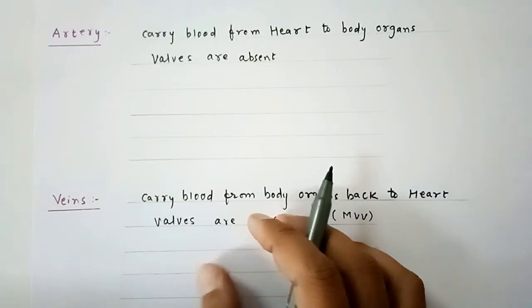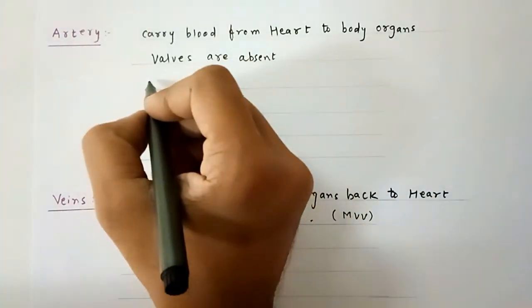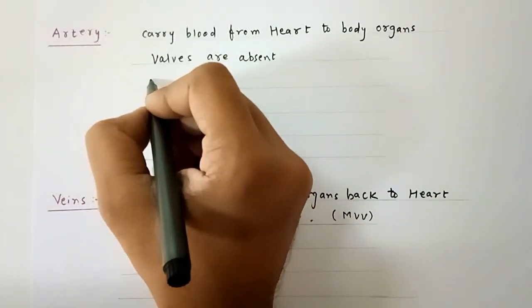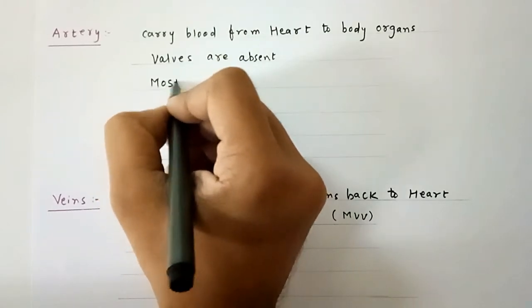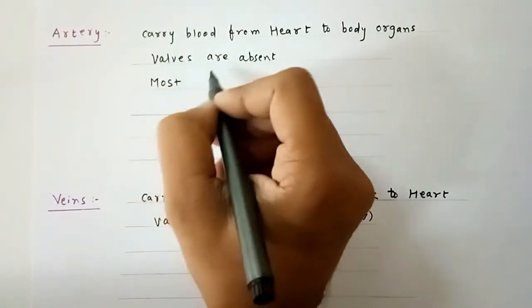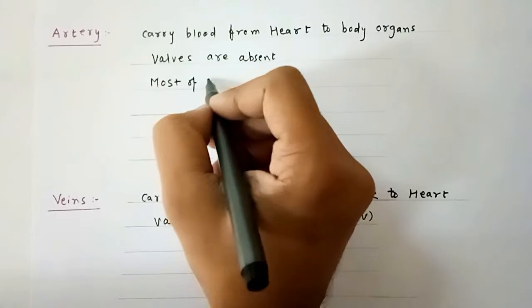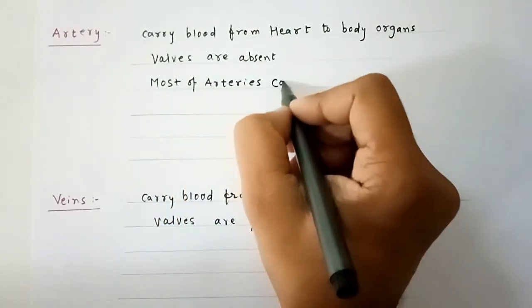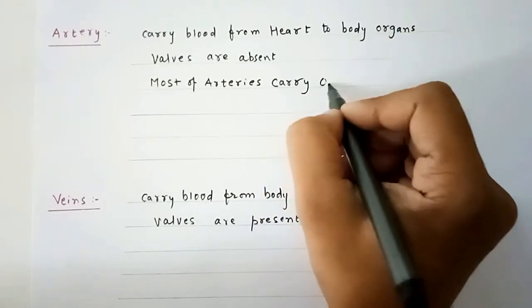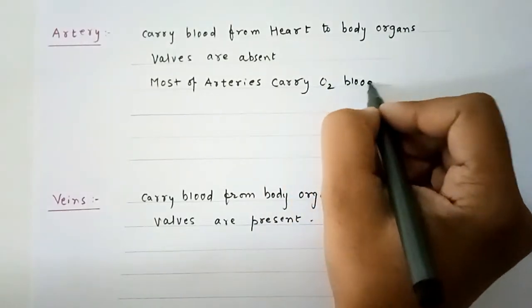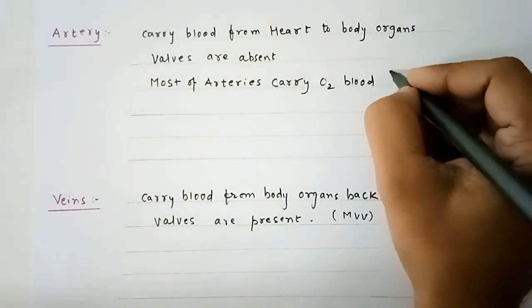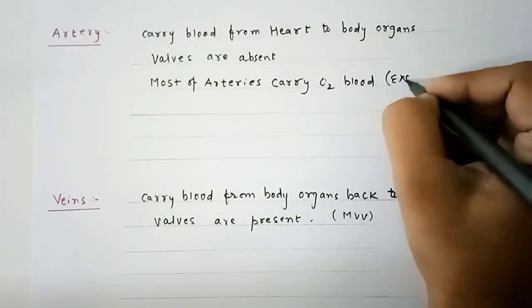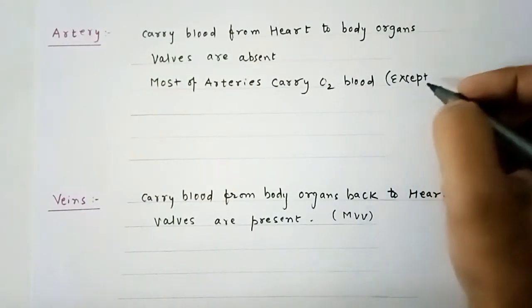Okay. Third one, most of the arteries carry oxygenated blood. I mean all except one. Oxygenated blood, except pulmonary artery.